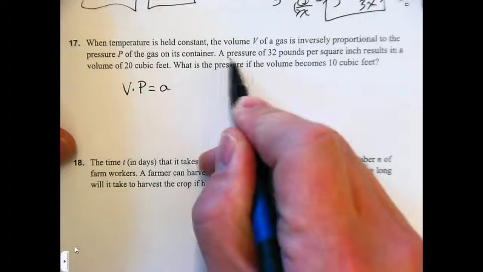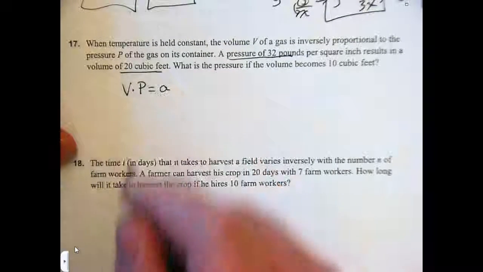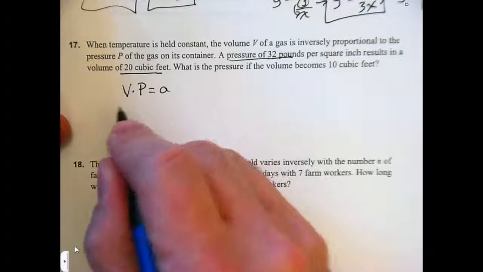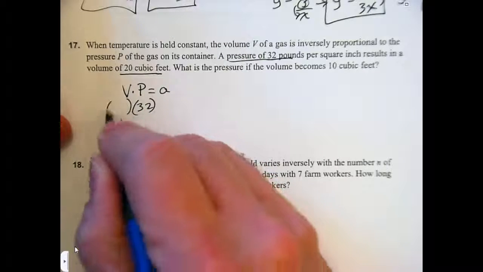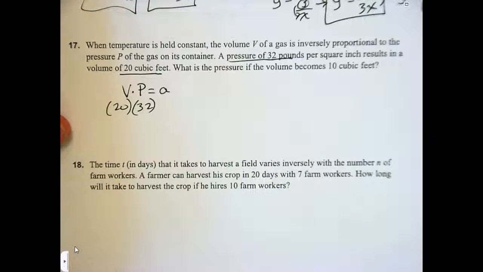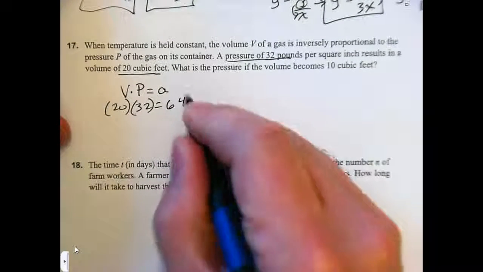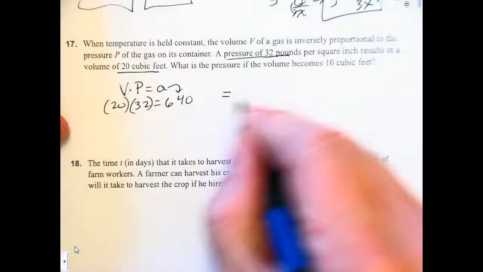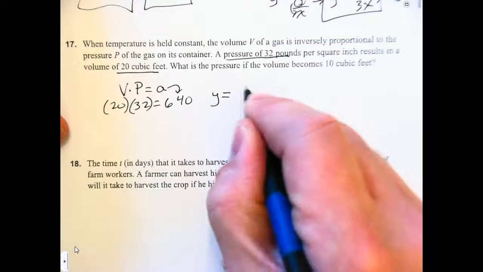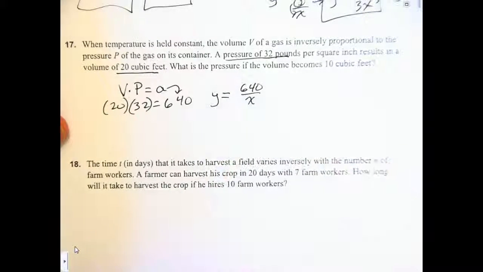They say, well, when the pressure is 32 pounds, it results in a volume of 20 cubic feet. So when our pressure is 32, our volume is 20. That will tell us our A. In this case, it is 640. So A equals 640. That allows us then to write our equation. Y equals A over X, or 640 over X.